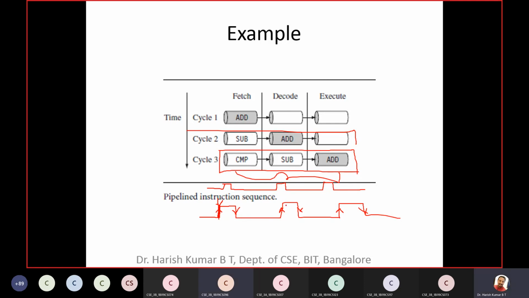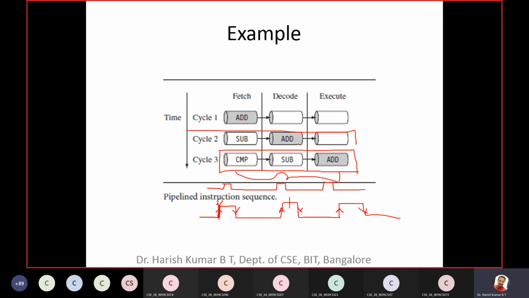Now take this. The complexity of the decode is slightly higher than the fetch stage. This requires a finite amount of time, so at the rising edge it cannot push this instruction to the next. It takes some time. Say it does so at the middle of the clock cycle. The moment the fetch stage sees the rising edge, it pushes the sub instruction to the next stage.